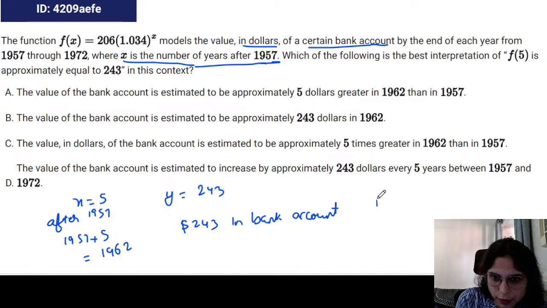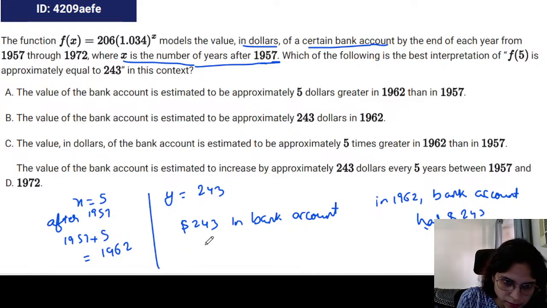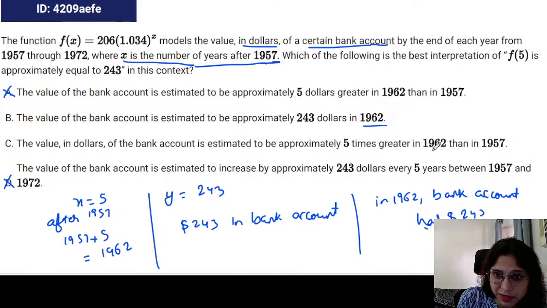So in 1962 the bank account has $243. Let's see the value of the bank account, $5. That's not true. We are looking for 1962. 1957 and 1972, this is also gone. 5 times greater, no. Value of the bank is $243 in 1962. That's the correct answer. Got it?